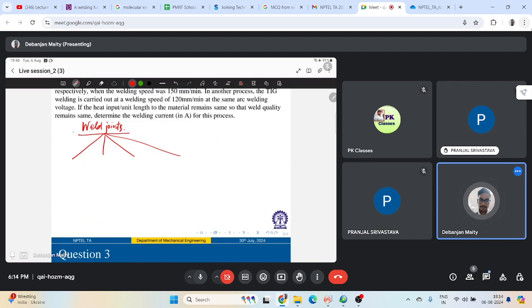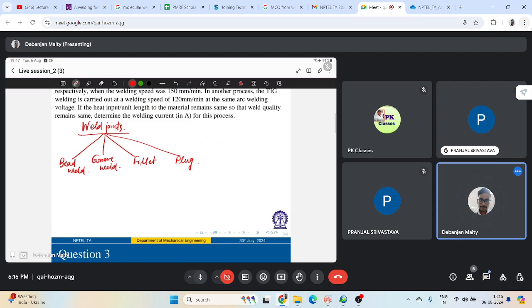We have something called bead weld, groove weld, then you have fillet weld. You also can have something called plug weld, right?